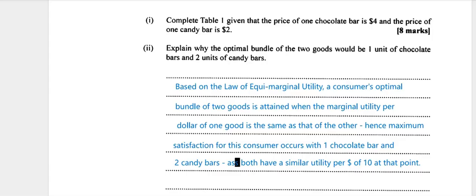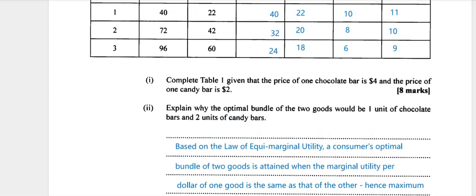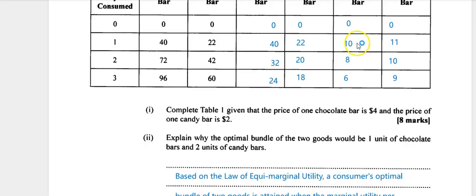So if you look at the table, you will see that one chocolate bar gives a marginal utility per dollar of 10, right? And 2 candy bars give a marginal utility per dollar of 10. All right, so let me highlight that for you again.